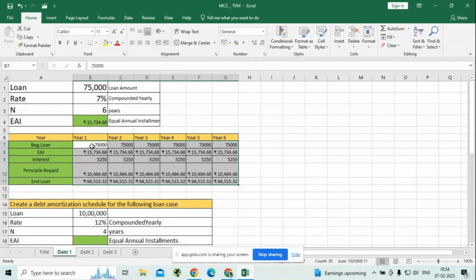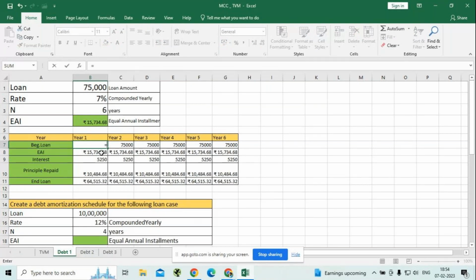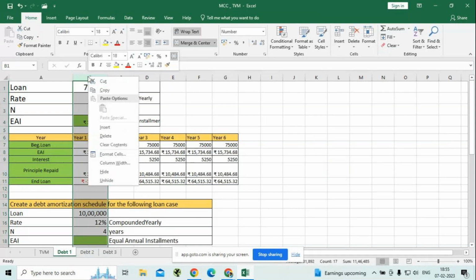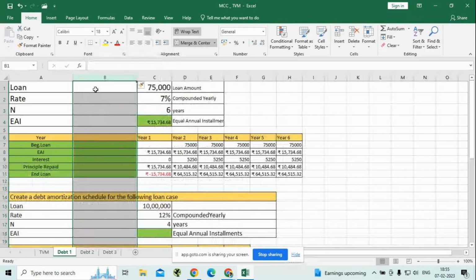So here the problem is, here you are supposed to take it equals to, so here what we are going to do is add one more column.